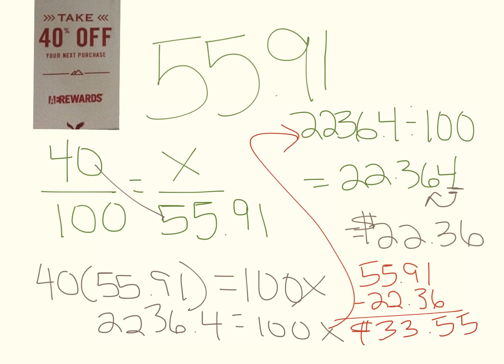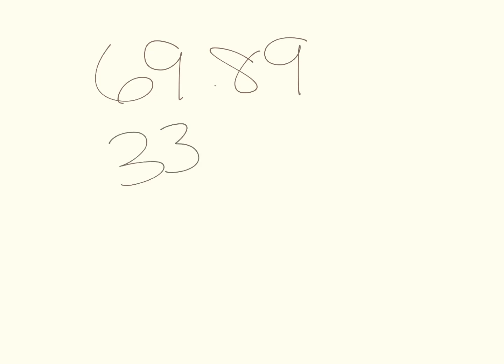So let's go back to that original price I was going to pay and figure out my total savings. If I'm now going to pay $33.55, I was originally going to pay $69.89, but now I'm only going to pay $33.55.